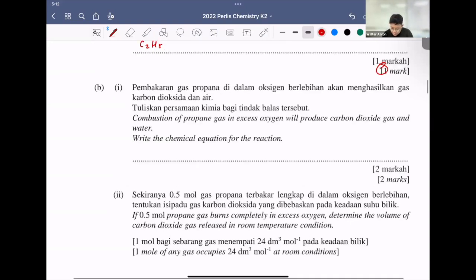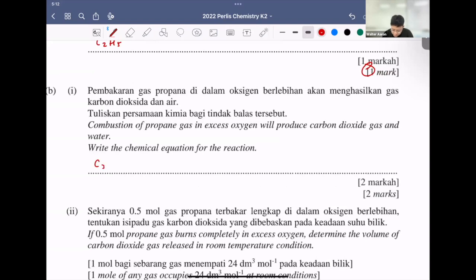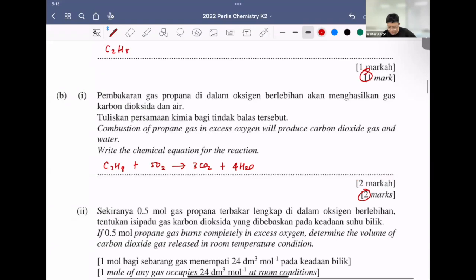The equation will be C3H8 plus 5O2, and then you'll get 3CO2 plus 4H2O. 1 mark comes from writing the correct formula for every single substance, and another mark comes from balancing the chemical equation. If you balance correctly and write the correct formula for each substance, you should be able to get 2 marks from here.